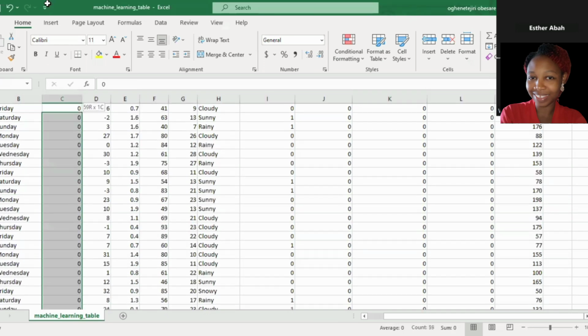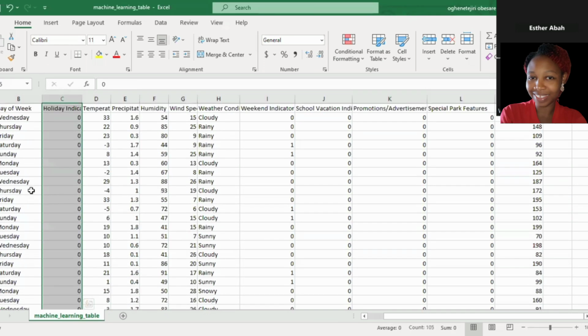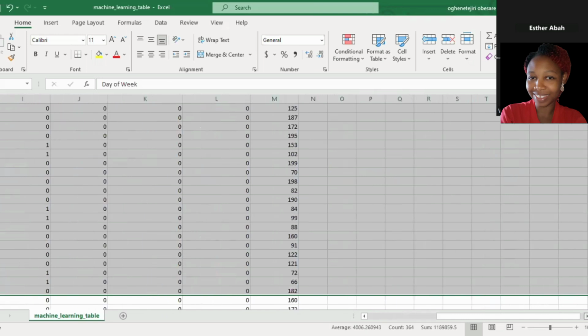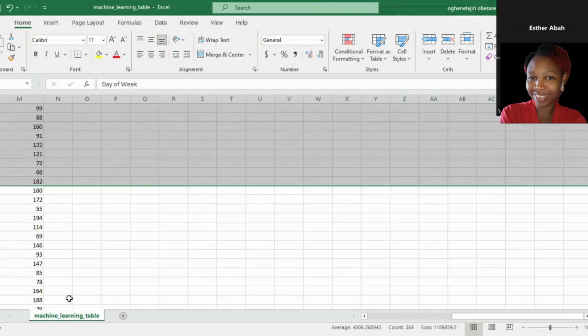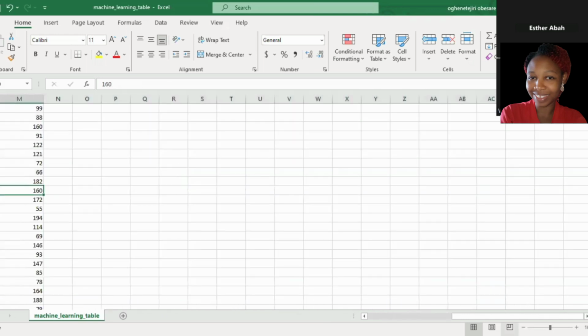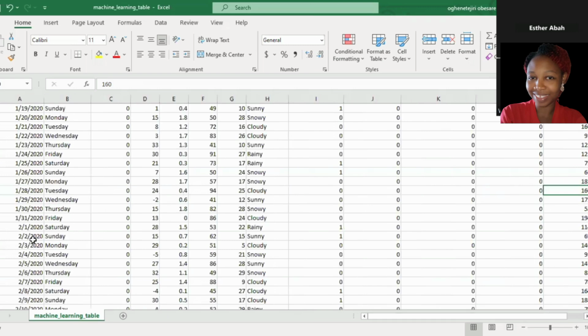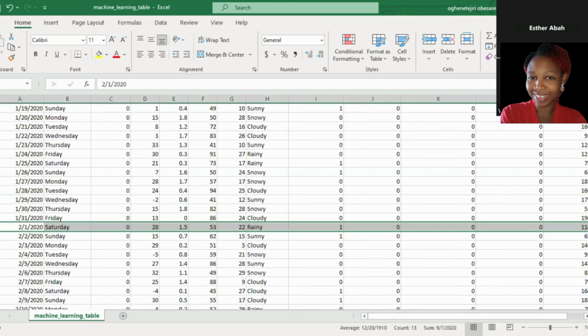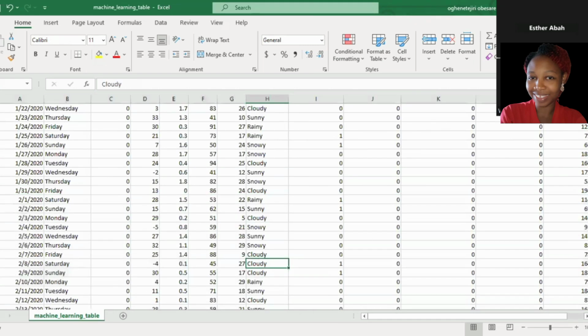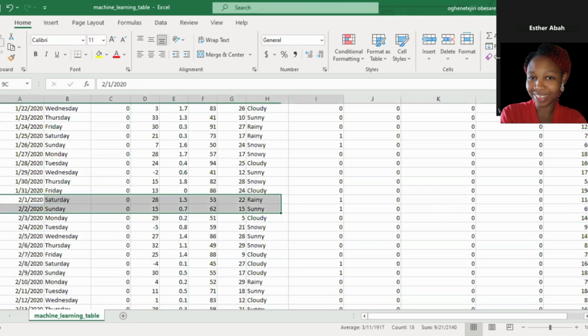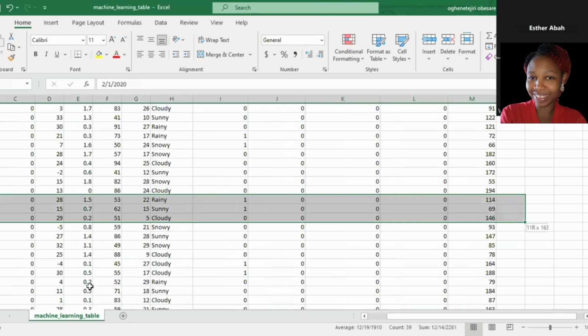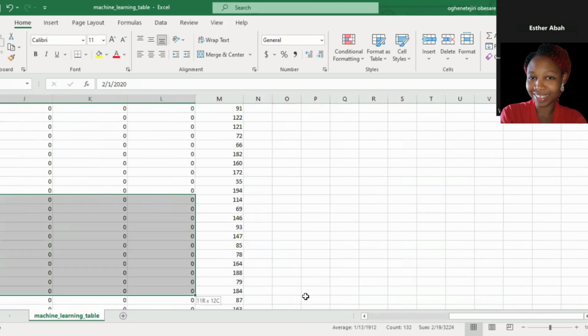Every other one to the top has been used to train the model, both the X and the Y. Everything has been used to train the model. So we have the bottom now, the remaining 20%. The remaining 20% of the data, the X test, is this, up to this column.